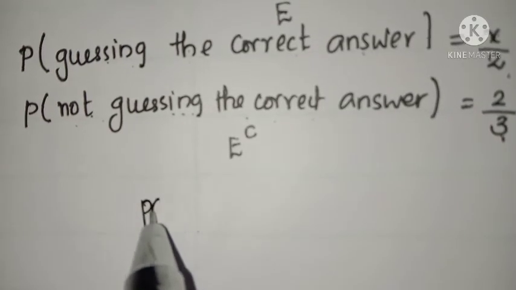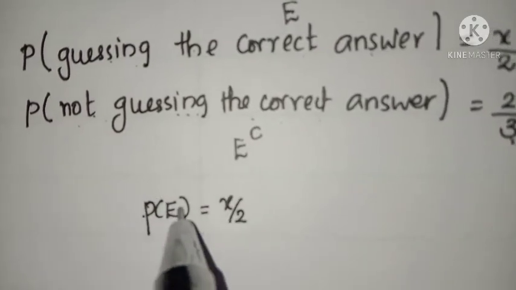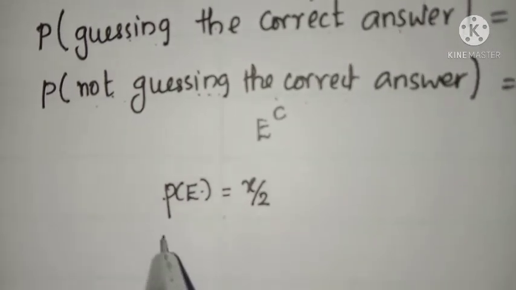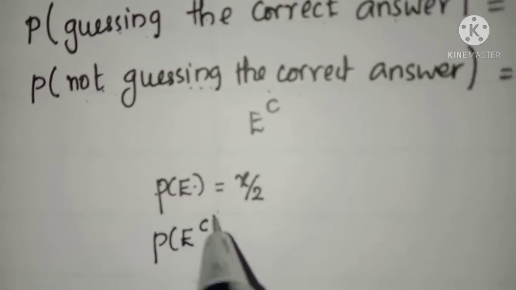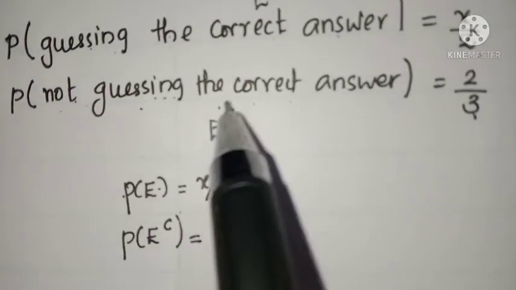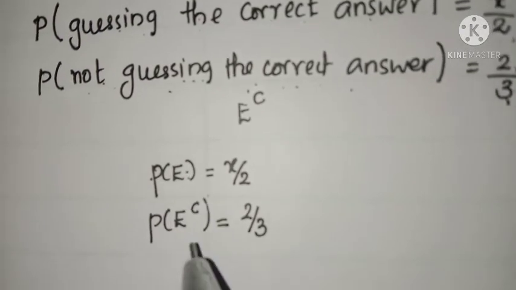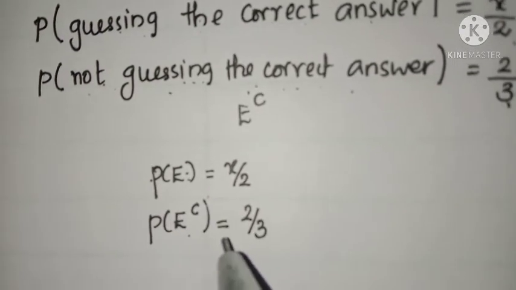So P of E is x by 2, that is P of guessing the answer is x by 2, so that P of E complement is equal to 2 by 3. Not guessing the correct answer is equal to 2 by 3. So listen, P of E and P of E complement is given.